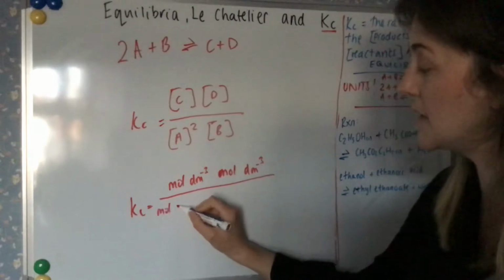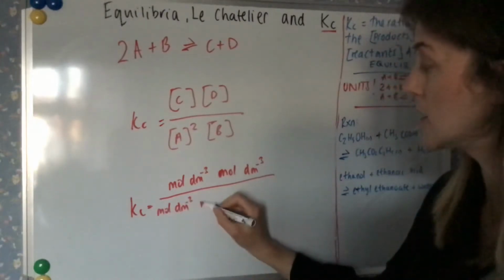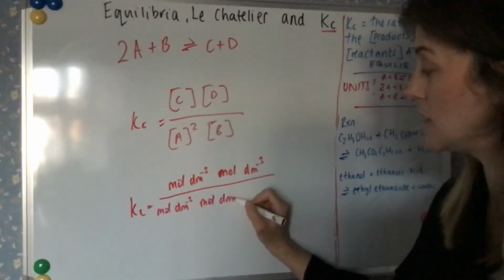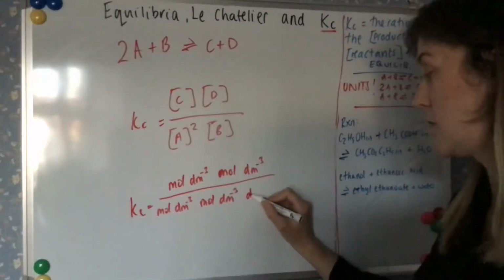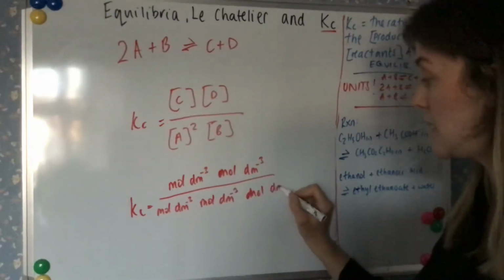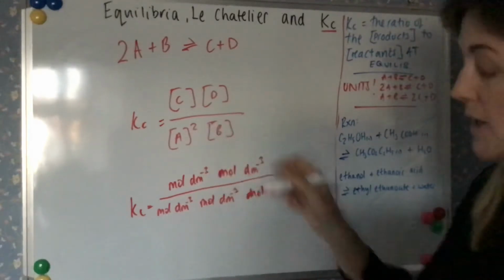Moles per decimeters cubed, times moles per decimeters cubed, times moles per decimeters cubed, because you've got 1, 2, 3.